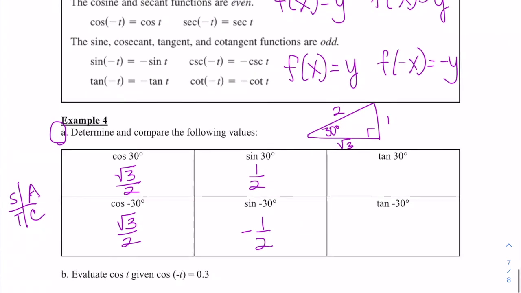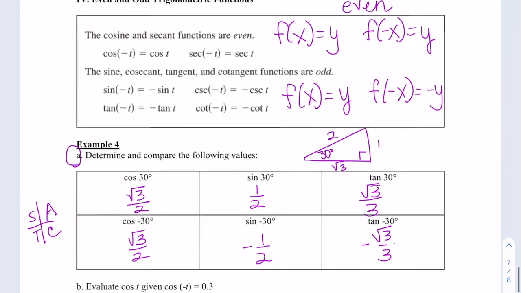If we look at the tangent of 30, that's going to be √3 over 3. And then the tangent of -30 would just be -√3 over 3 because it's in the fourth quadrant. If you notice, the only one that stays positive would be the even function.